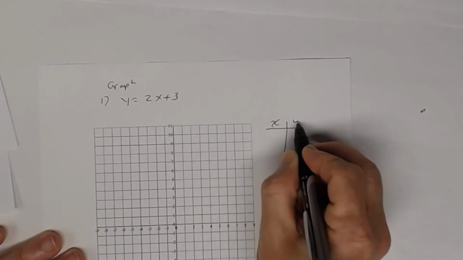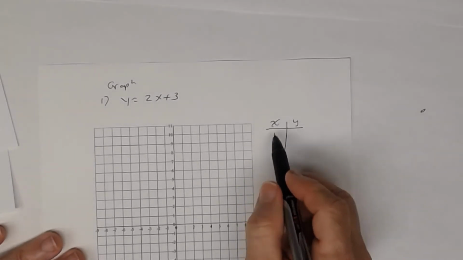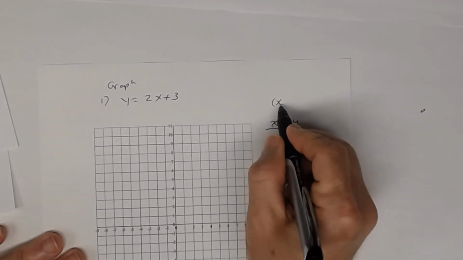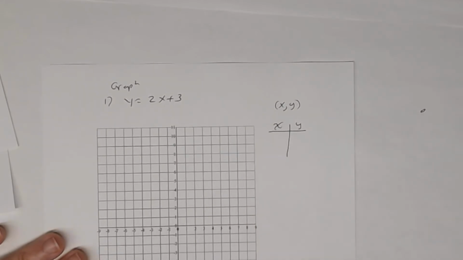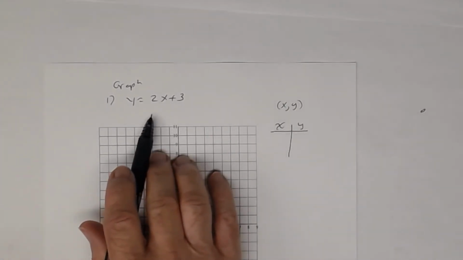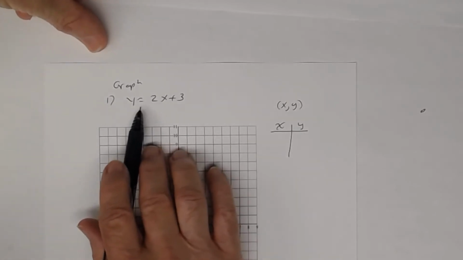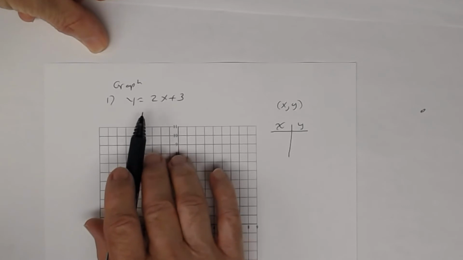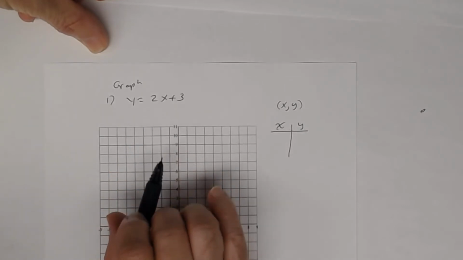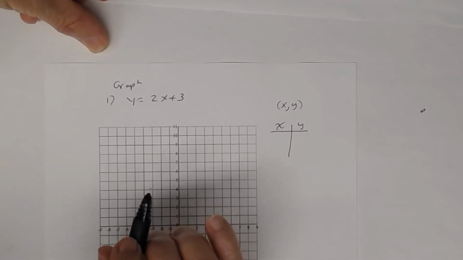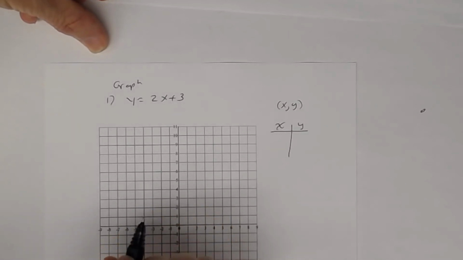This is your x, this is your y. x is always the column on the left, and y is always the column on the right, because it represents the ordered pair x, y. That's important. Whenever you have y by itself, that is the easiest kind to graph. To graph a line, you just need 2 points, but you could have one of those points incorrect.